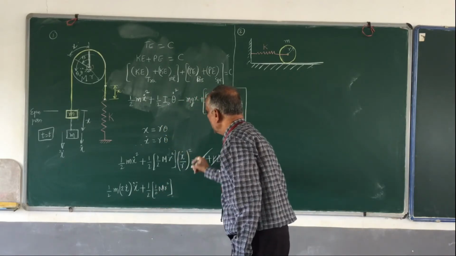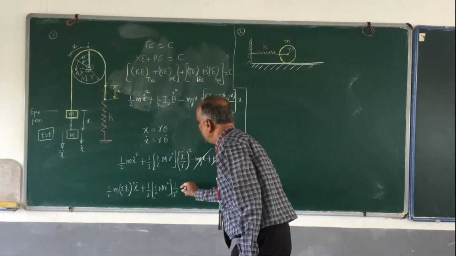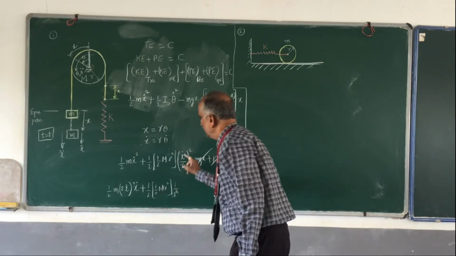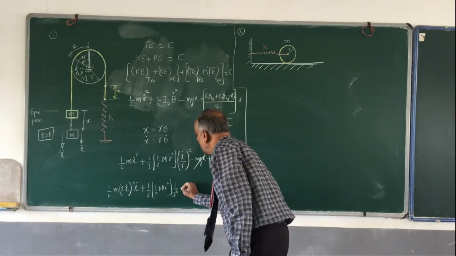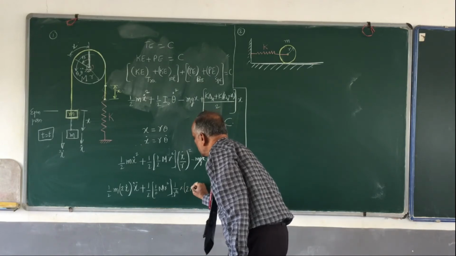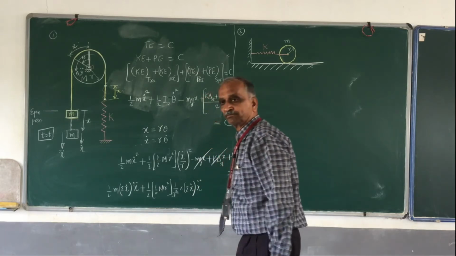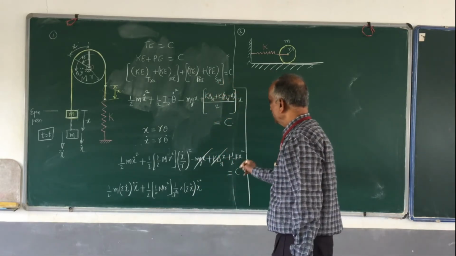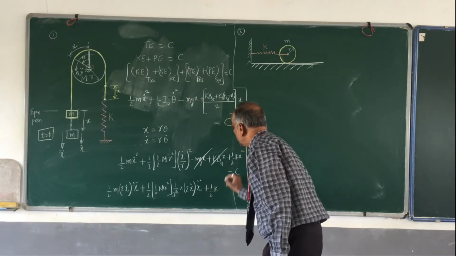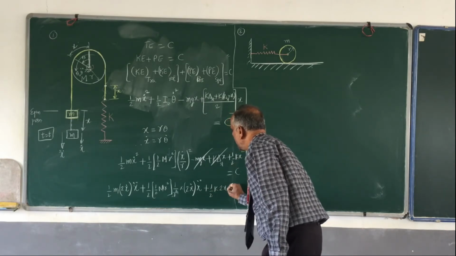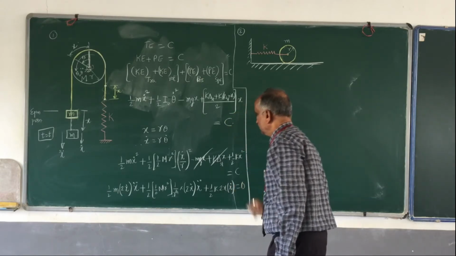So x dot, this 1 by r square I shall separate it: 1 by r square into x dot square. Differentiation of x dot square, 2x dot into x double dot. Then plus half as it is, k as it is, differentiation of x square, 2x into x dot. This whole thing is equal to 0.